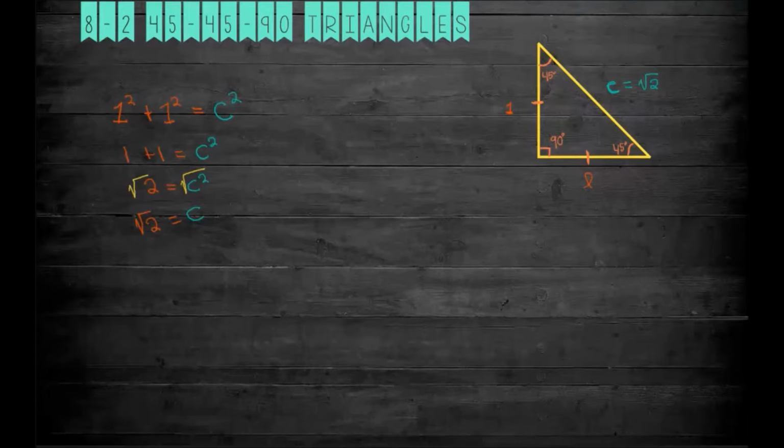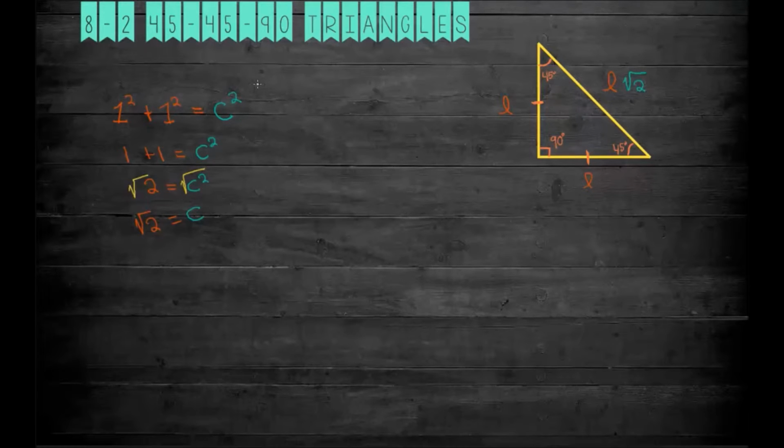Well, that means that this side also is L, which makes the third side, C, instead of just square root of 2, it's going to be L times the square root of 2. So the relationships of the sides of a 45, 45, 90 degree triangle are in the relationship of L to L to L square root of 2.